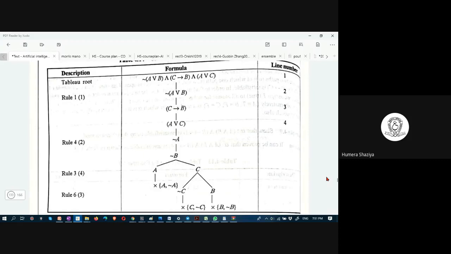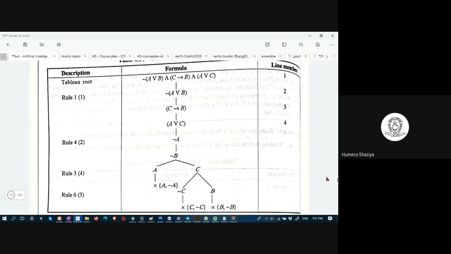Further, it is A, C, A or C. This A or C has come on two different branches because of OR, and this branch has to be closed because it is A and A dash. And here C, not C and B: C and C dash, again the path has to be closed.